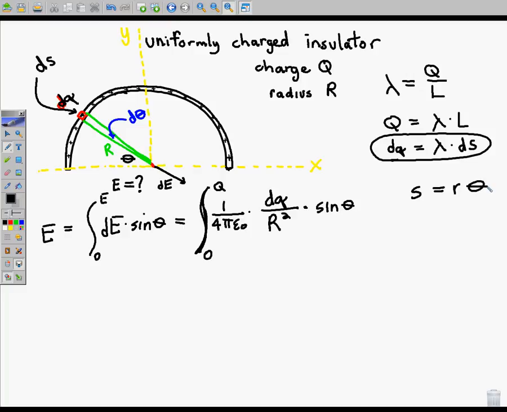So if s equals r theta, and you have a little piece of the arc length, ds, and r stays constant, we might as well call this capital R because it's constant, then a little piece of the arc length, ds, is equal to R d theta. So we're going to make this substitution into the one up above, and then ultimately dq is equal to lambda times ds, but what's ds going to be?